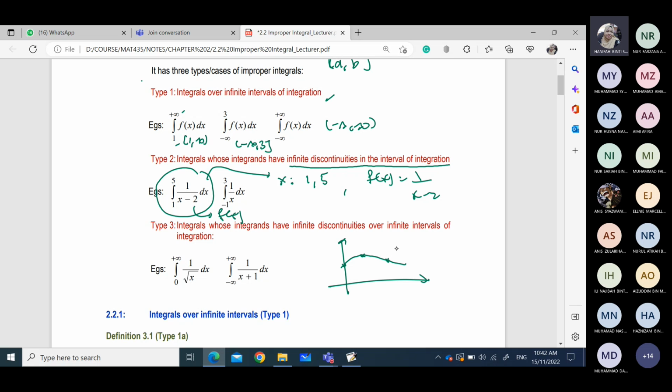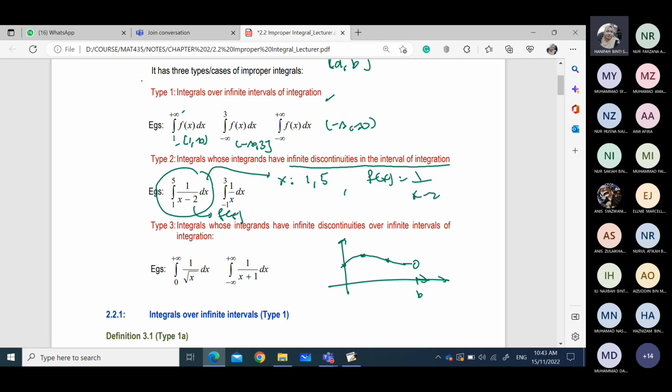Kalau discontinuous, bila dia pada point, katakan point B, dia ada gap dekat sini. Maknanya bila you masukkan nilai B ke dalam x, this function is undefined. So we can say that x is not equal to b, ataupun the values of x do not include b.